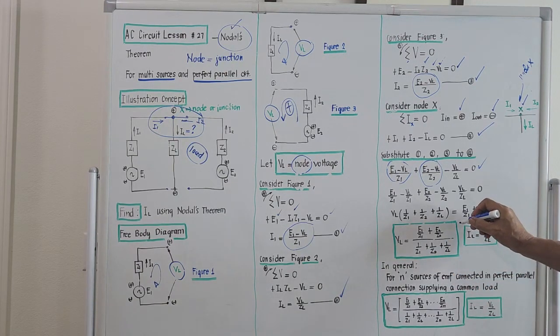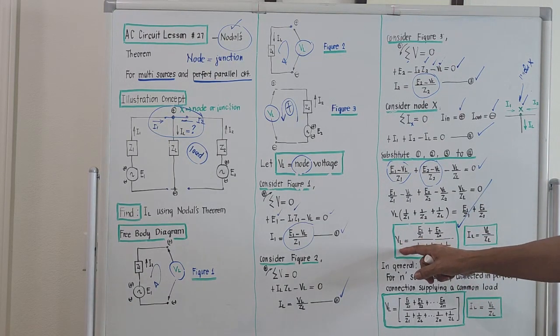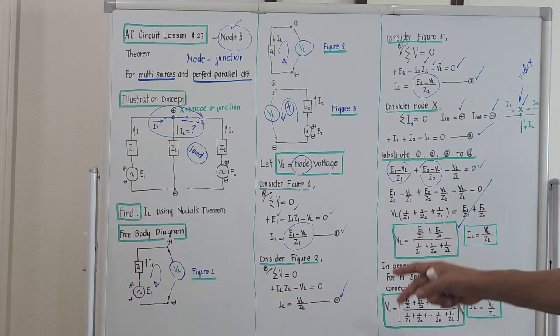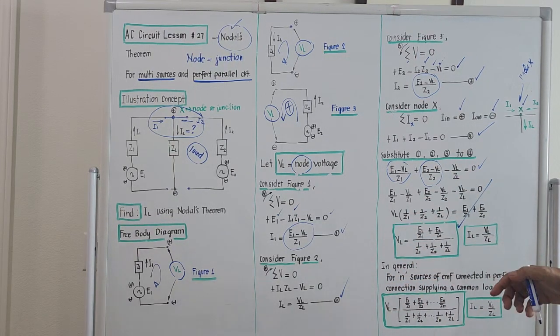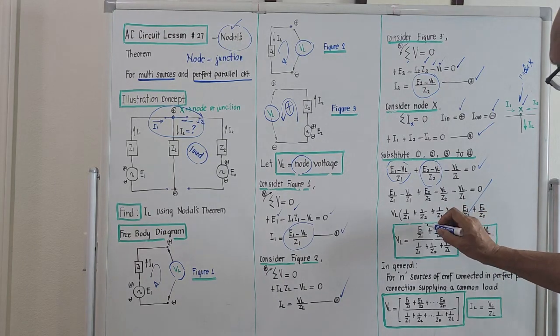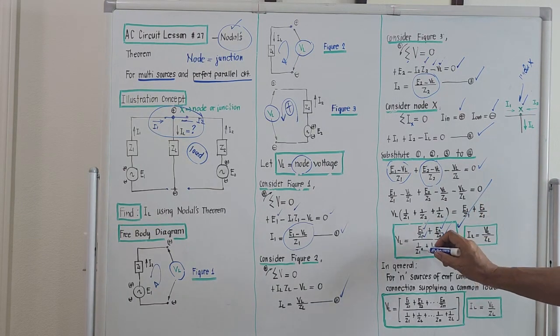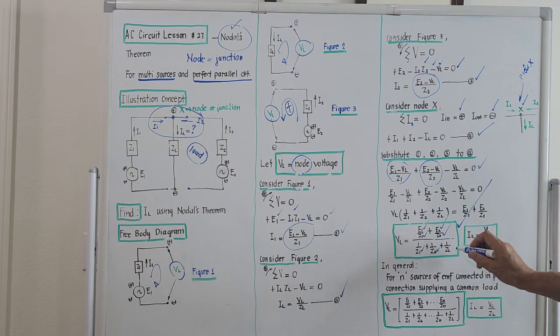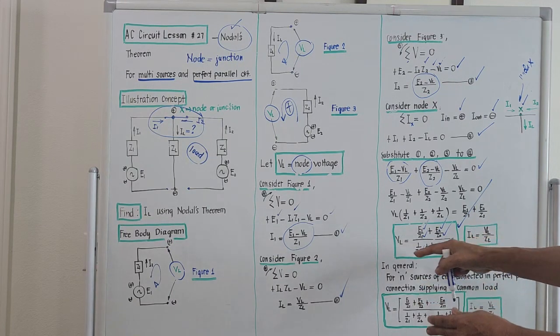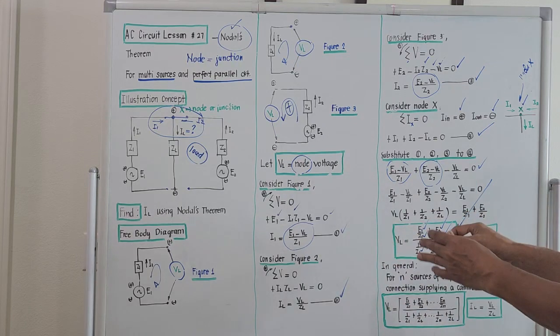This is the formula that was derived in the computation of the value of B sub L for us to determine the current I sub L. Because for the given problem, E1 is given, E2 is given, Z1 is given, Z2 is given, C1 is given, C2 is given, CL is given.